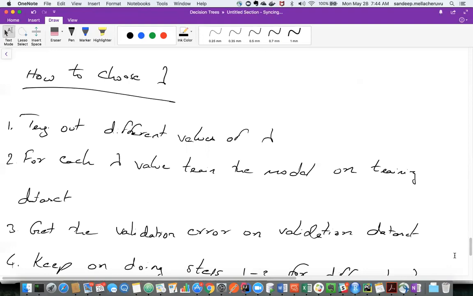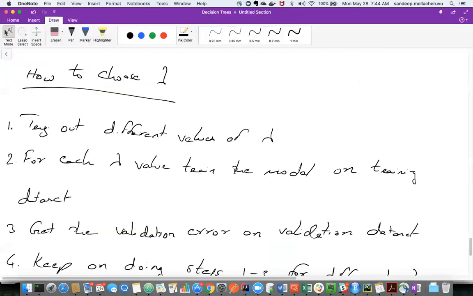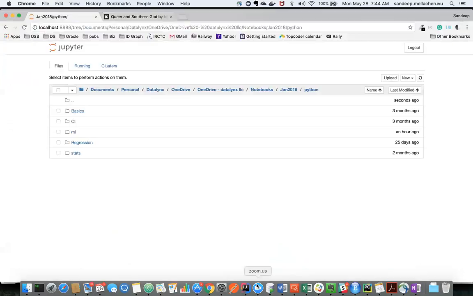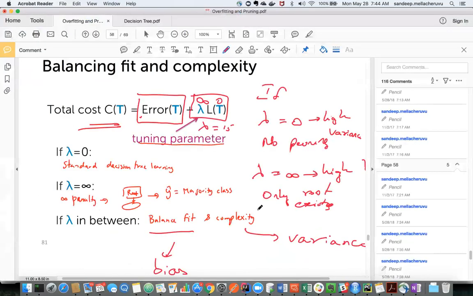Whichever value is giving the least validation error, that is what you have to use. Hope this is clear. Any questions so far? Okay.